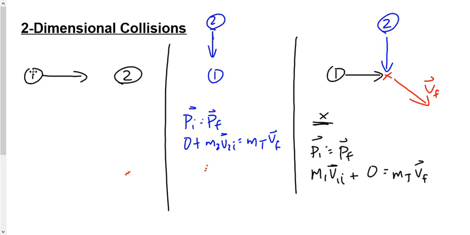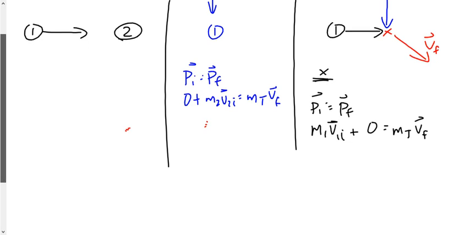So what we're essentially doing with this third problem right now, while analyzing the x component, is treating it like this first problem. We're pretending nothing on the y-axis exists. So if we look at this third problem, pretending nothing on the y-axis exists, then object number 2 is effectively at rest.